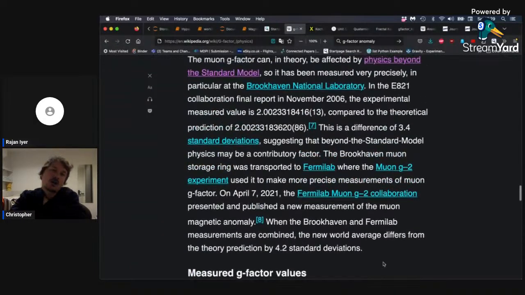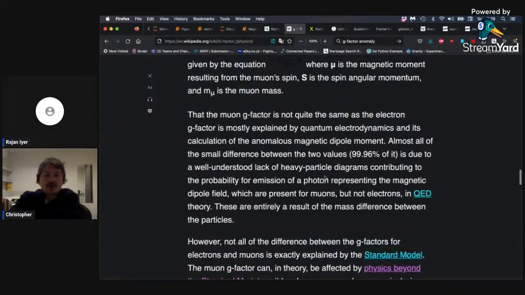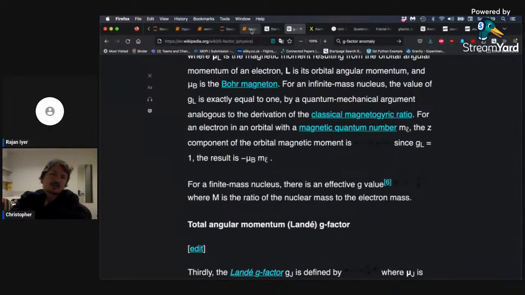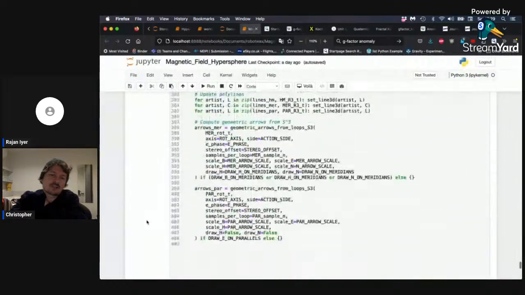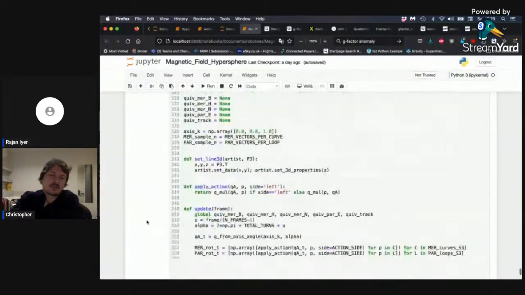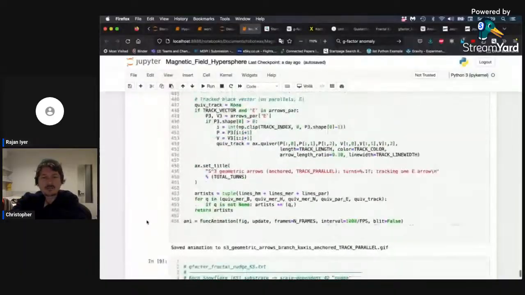So I was thinking, and this kind of relates to what you were talking about earlier, Rajan. Could we bring in a quantum aspect to this?